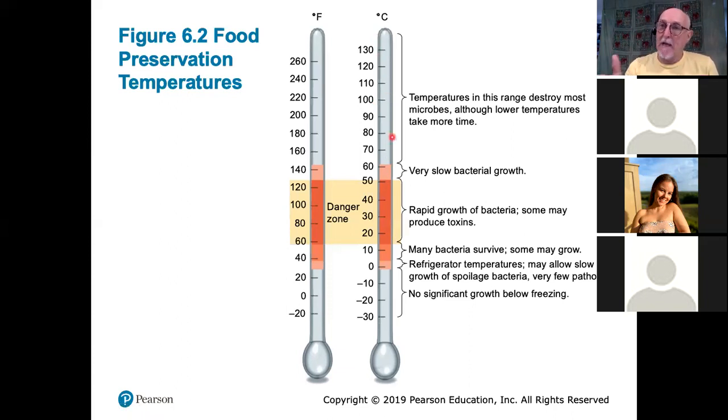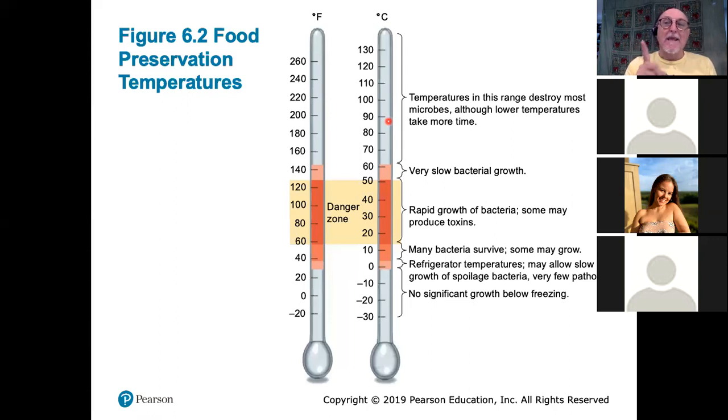That's the principle of pasteurization. We take things and we heat it up just hot enough that it won't ruin the foodstuff, but at a temperature somewhere here which is disadvantageous to the pathogens or the spoilage organism, and we kill them.